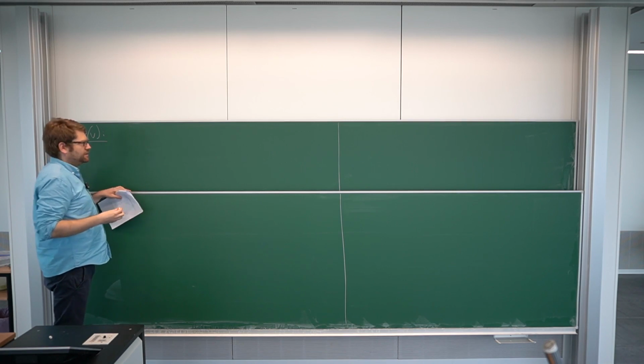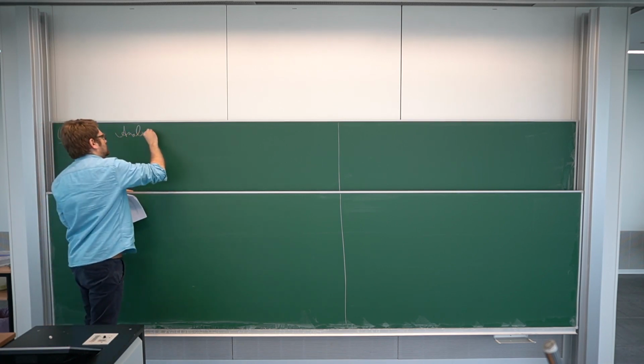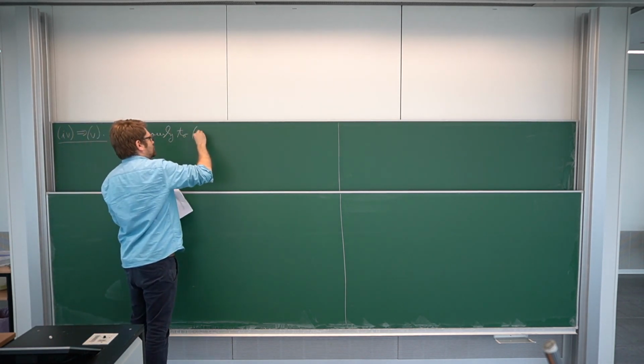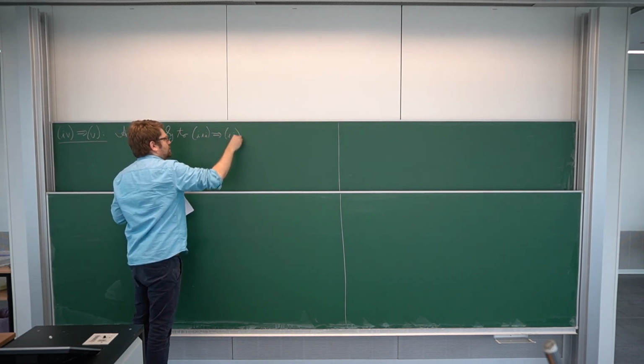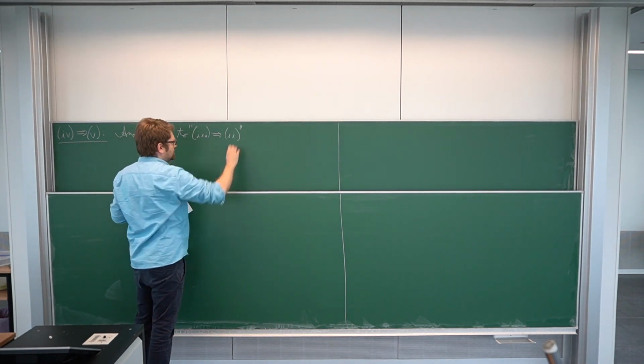When we've seen, so analogously to this implication 3 implies 2, there we had that AT times A is the identity, which implied that the columns are linearly independent.